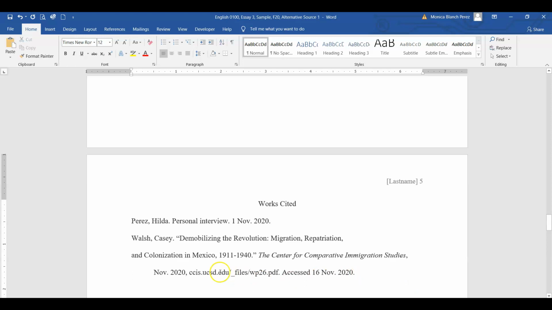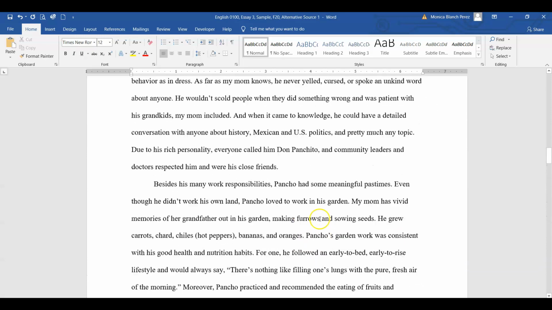And I talk about this, the format and everything, in the video for Journal Assignment 12. Make sure you watch that because I don't want to take time to explain that in this video. Okay, but I found this information inside the web page itself, inside that article, and so that's what I put here. But that's what goes in the works cited.